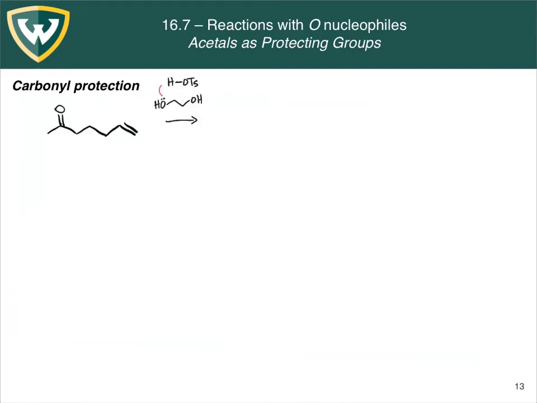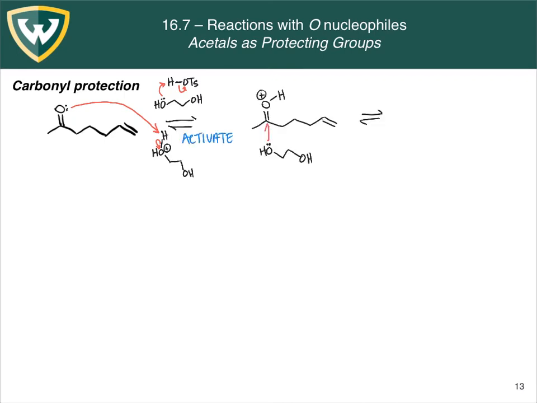So now we'll do the mechanism for this reaction. We again start by doing the deprotonation of our acid. Then, because we're in acidic conditions, and now we have a positive charge here, we're going to do our deprotonation to activate our carbonyl.